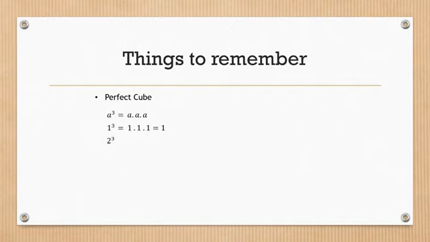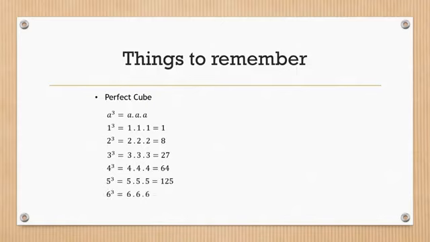Next, 2 raised to the power of 3, or 2 cubed, is 2 times 2 times 2, which is equal to 8. 3 cubed is 3 times 3 times 3, equal to 27. 4 times 4 times 4 is 64. 5 cubed is 125. 6 cubed is 216. 7 cubed is 343.